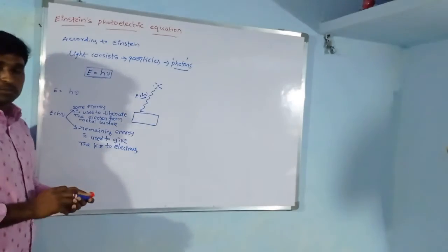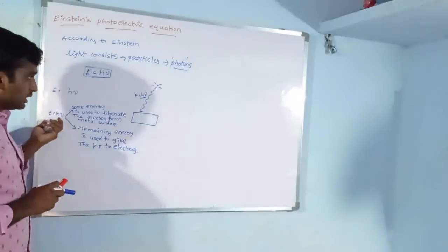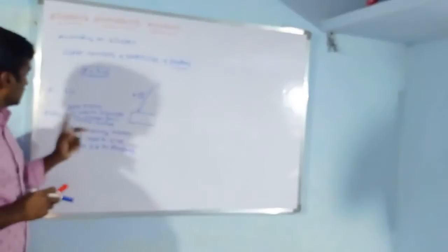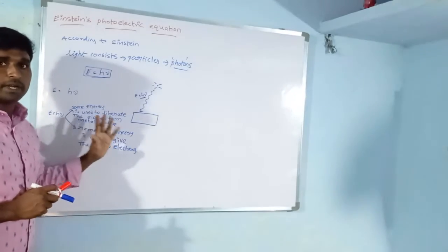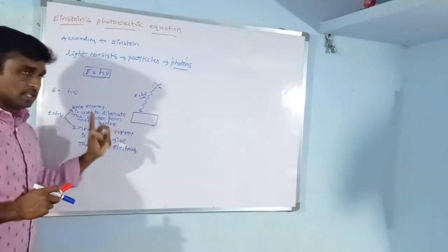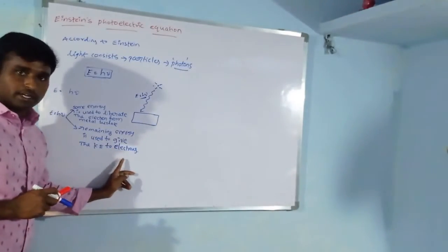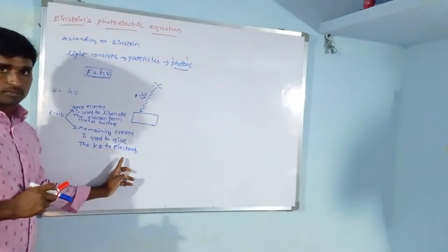So this is the distribution of energy: some energy overcomes the work function, and the remaining energy gives kinetic energy to the electrons.